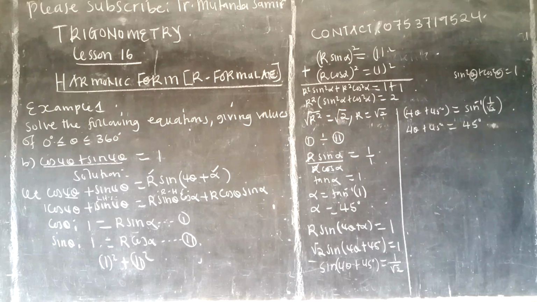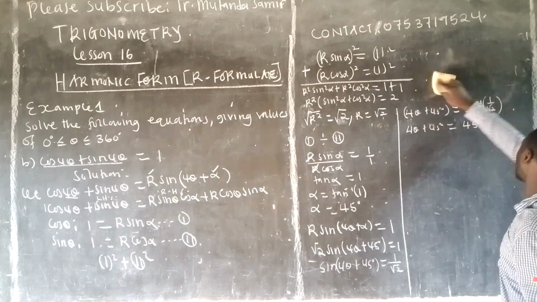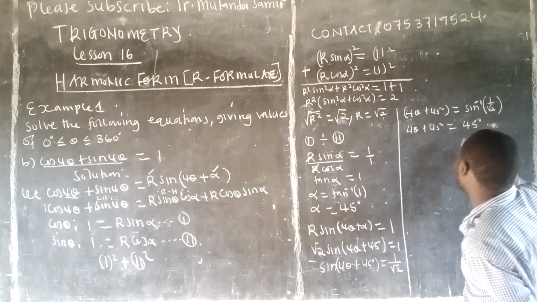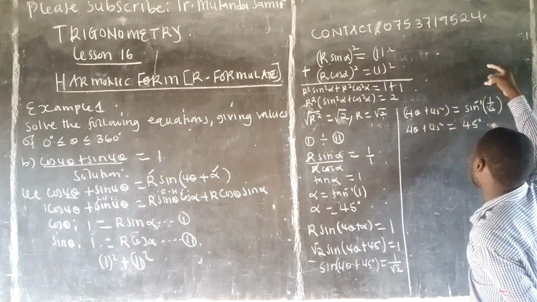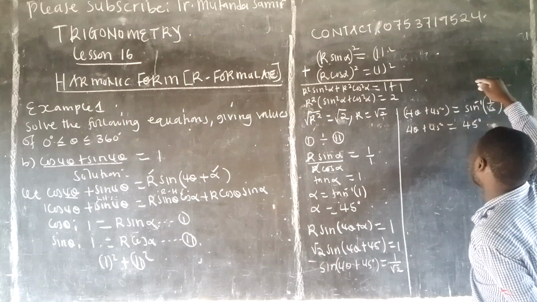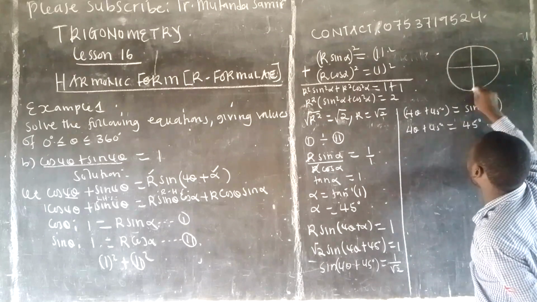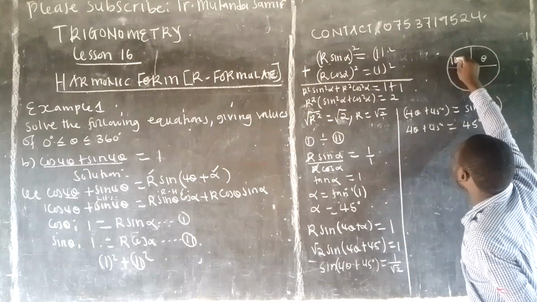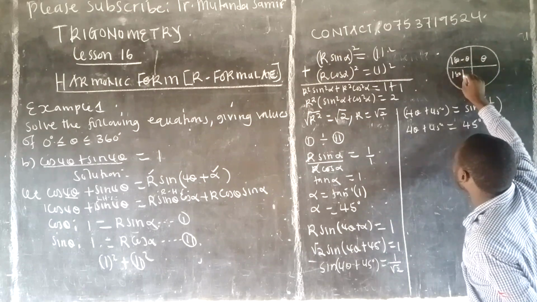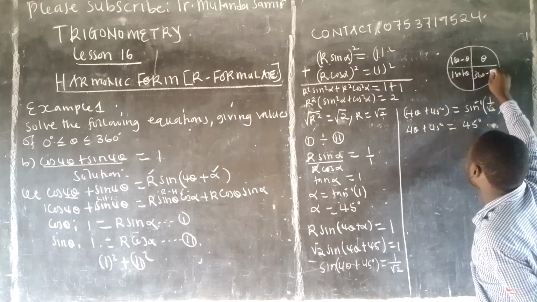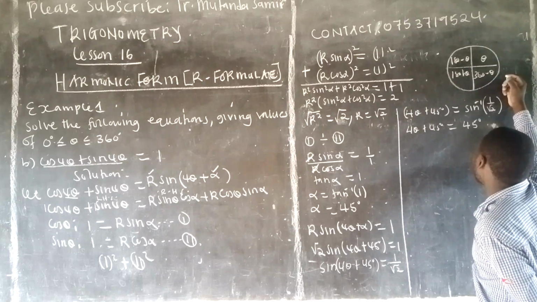Now from there, let's follow our quadrants and see where we have sine as positive. From our circle there, these quadrants have θ, 180 minus θ, 180 plus θ, 360 minus θ.